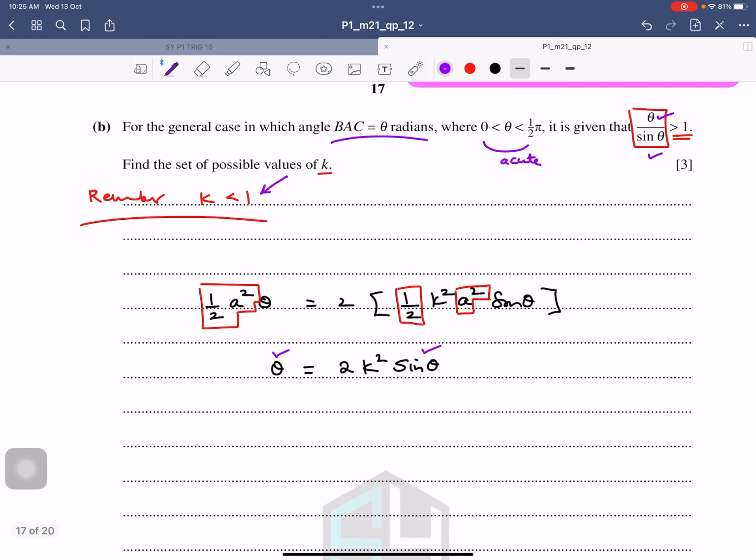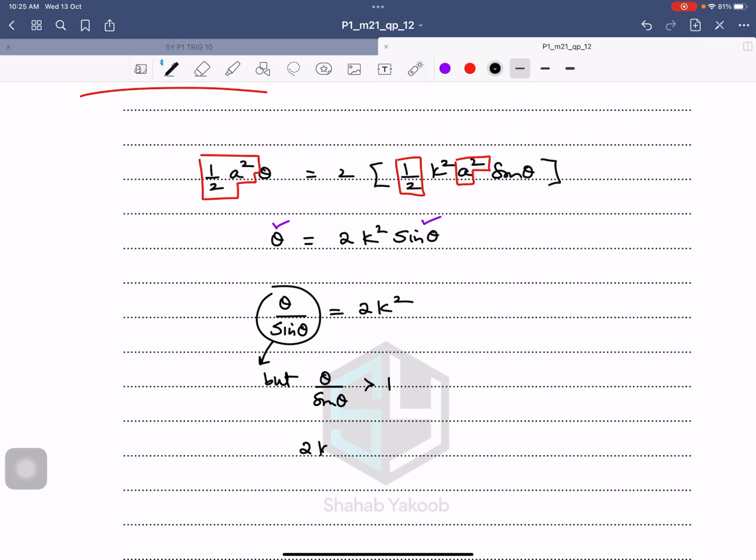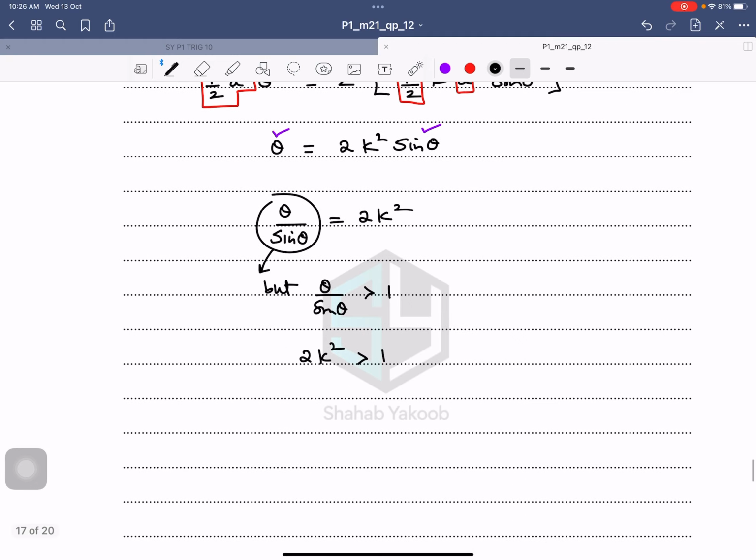In other words, can I write this as theta over sine of theta equals 2k square? But theta over sine of theta should be greater than 1. In other words, 2k square should be equal to theta over sine theta, but that is greater than 1, so 2k square is greater than 1.